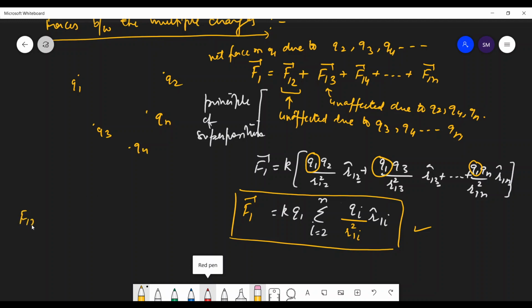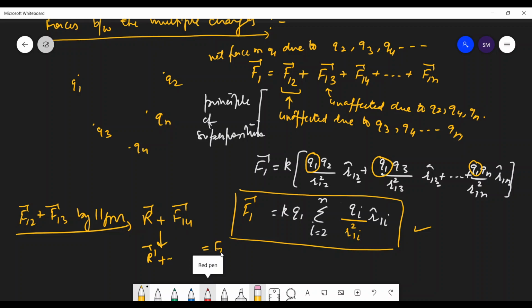Add F12 plus F13 by parallelogram law, and with whatever the resultant is, add F14, and then with the next resultant add the further forces, and at the end you will get F1. So adding two vectors at a time by parallelogram law, and adding the resultant with another vector, this way also we can add. This is how we do it algebraically, and this is how we do it geometrically.